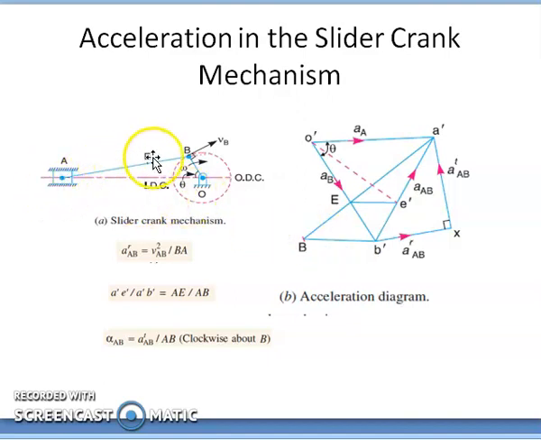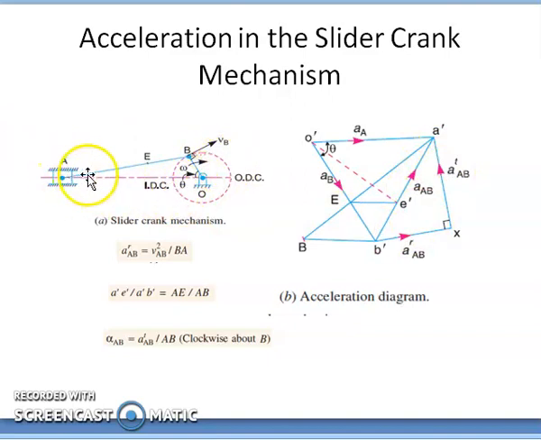Now coming to the connecting rod AB, you can see that the point A rotates with respect to B. You can also have point B rotating with respect to A. The direction alone will change; other things are not going to change.